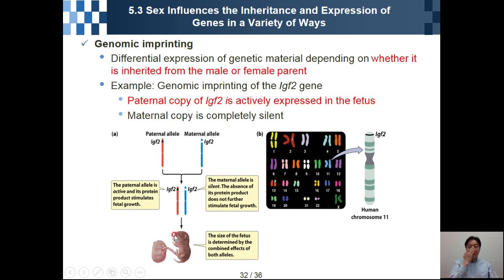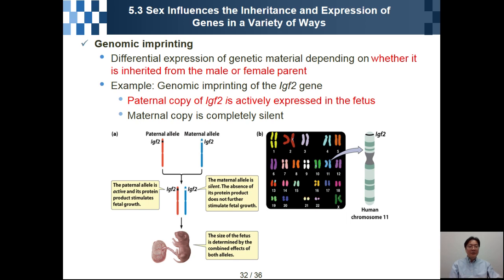So this is genomic imprinting: differential expression of genetic material depending on whether it is inherited from the male parent or the female parent. Usually we can see this in the IGF2 gene. I did not explain in detail, but this is some background information.